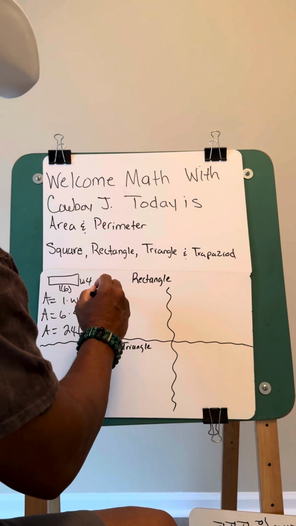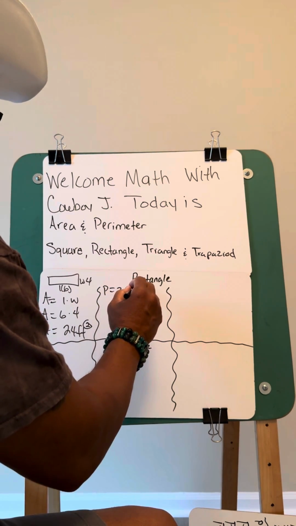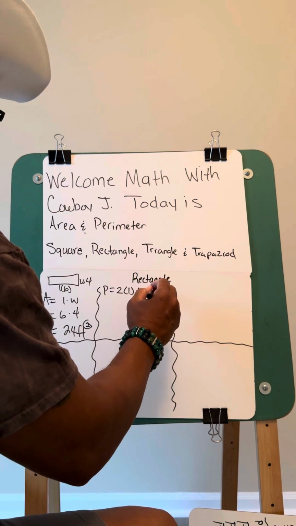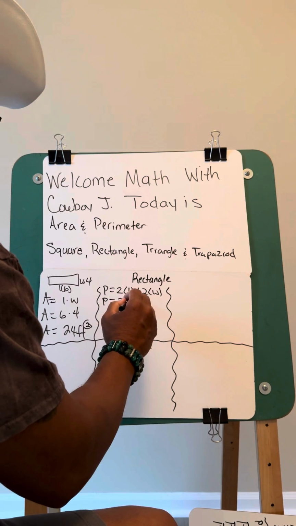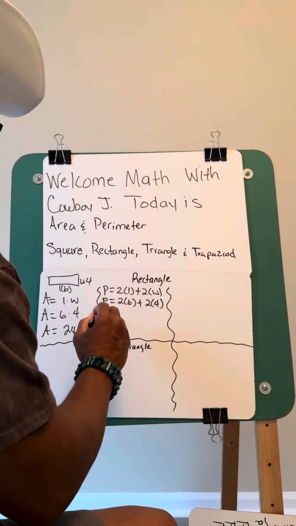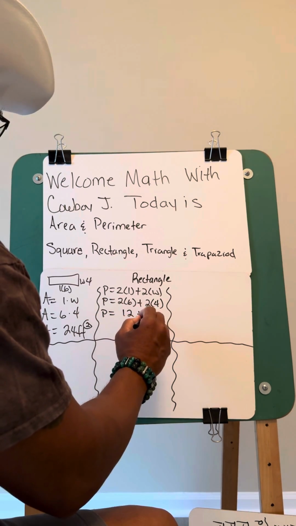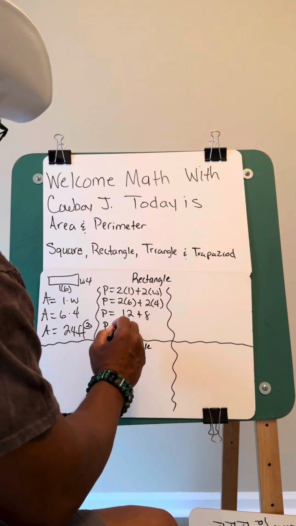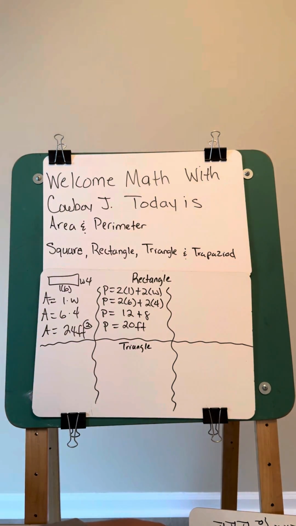Perimeter is P equals 2 times L plus 2 times W. P equals 2 times 6 plus 2 times 4. P equals 12 plus 8. P equals 20 feet.